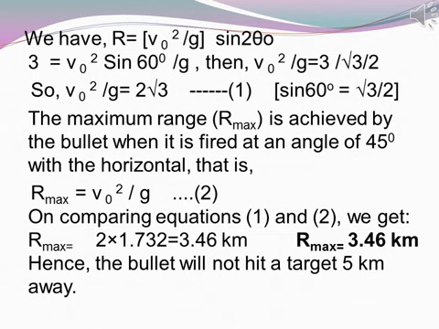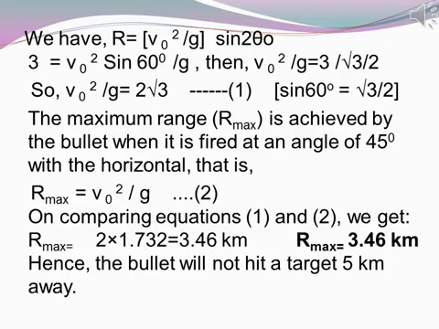The maximum range, that is R maximum, is achieved by the bullet when it is fired at an angle of 45 degree with horizontal. Then R maximum is equal to V0 square by G, which is the expression 2.